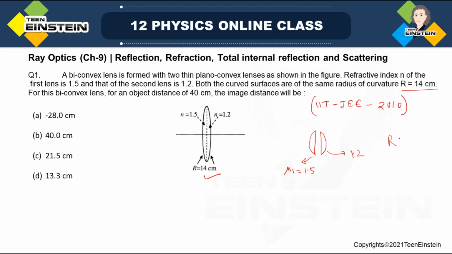R is given, so 2f is equal to R, so f is R by 2. So we can find out the focal length for both of them, since the radius of curvature is given.